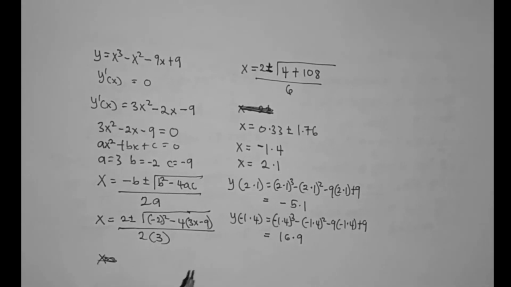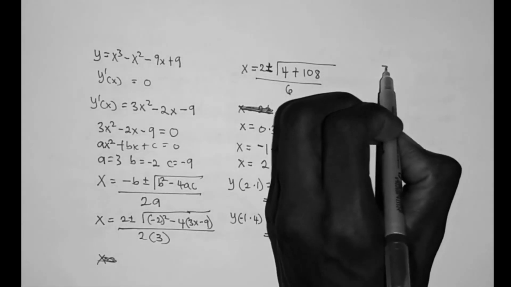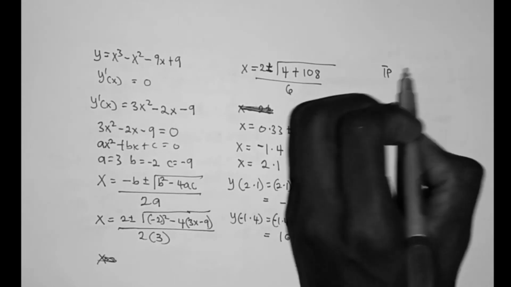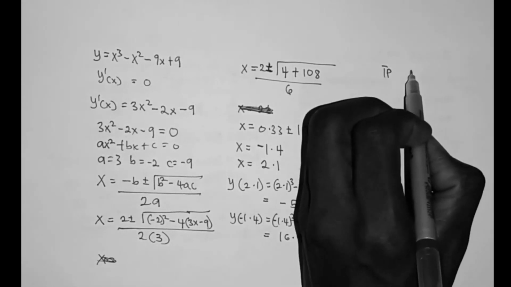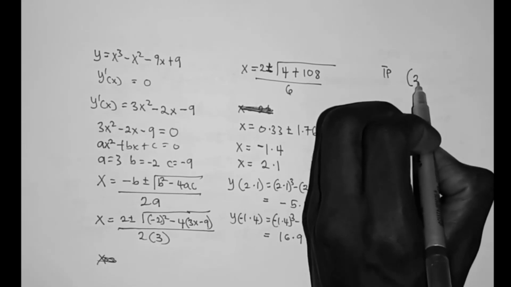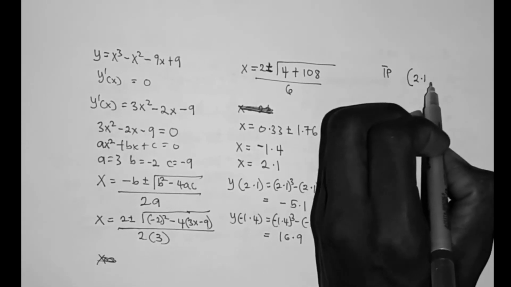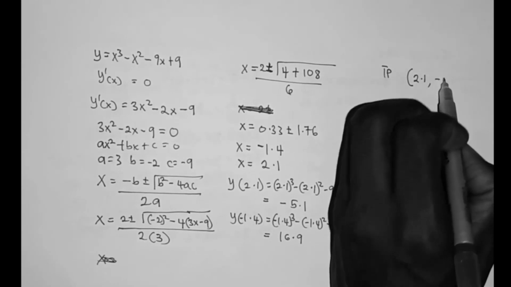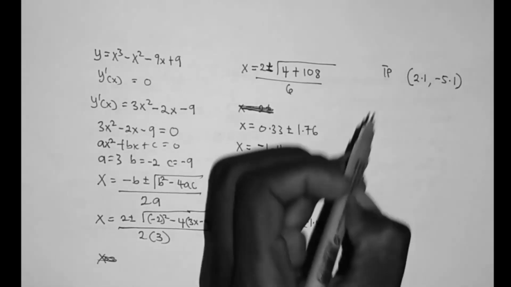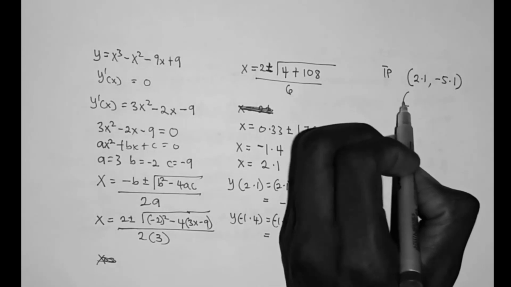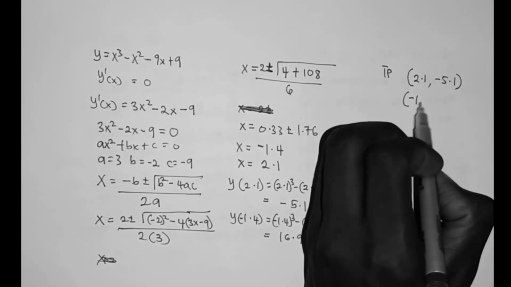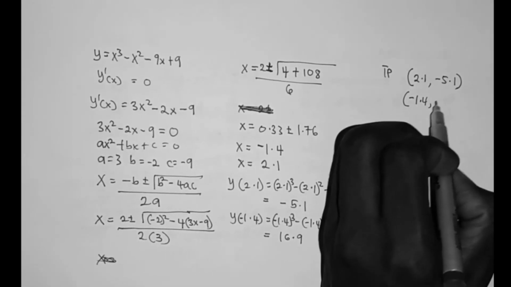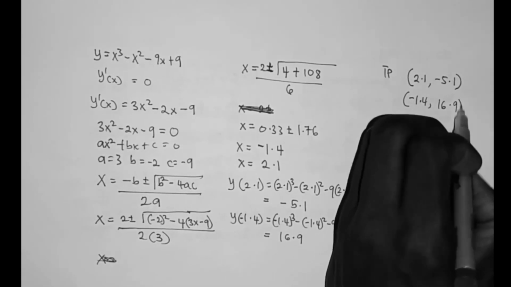So the turning points: we have one of those points as 2.1 and minus 5.1. This is one of the turning points, and the second one is minus 1.4 and then 16.9.